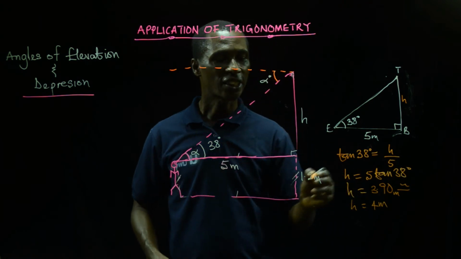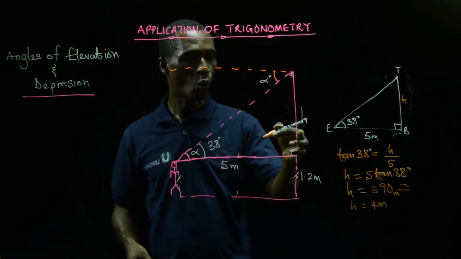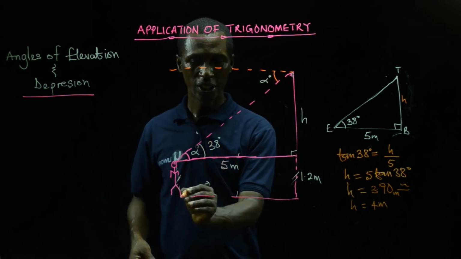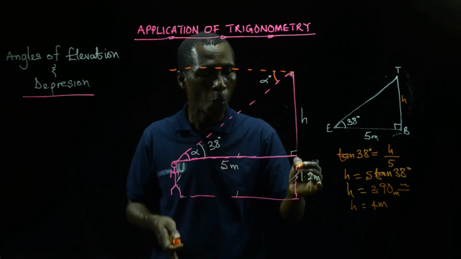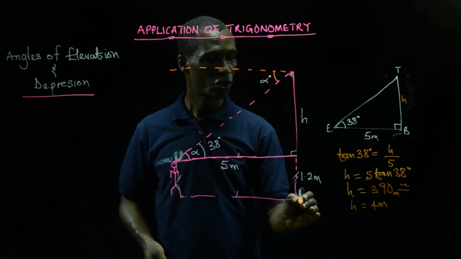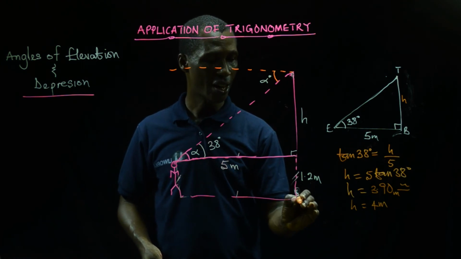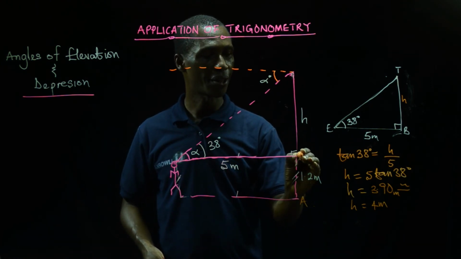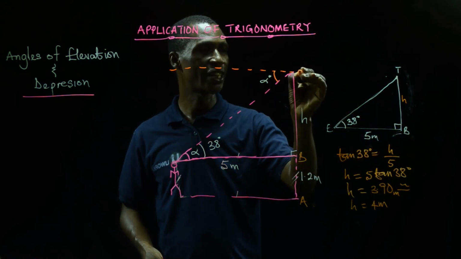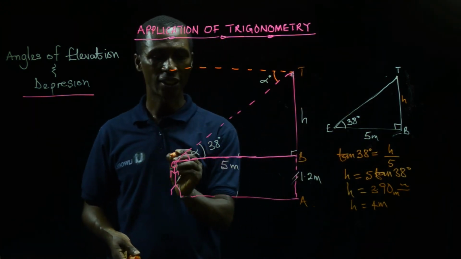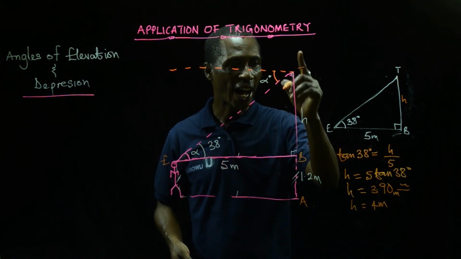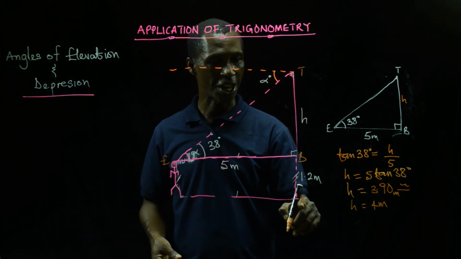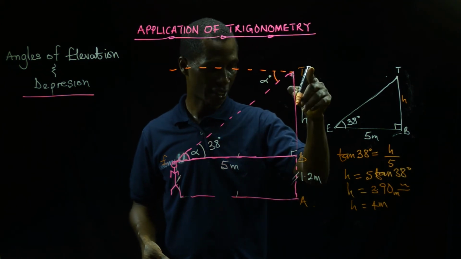Good. But the height is not only H. The height of the tree, Kofi is standing a distance, so the height of Kofi is also part of the base of the tree. So if here is, say, A, and here is B, as I made B, and here is T, then here is the eye of Kofi. Then the total height of the tree is going to be AB plus BT.